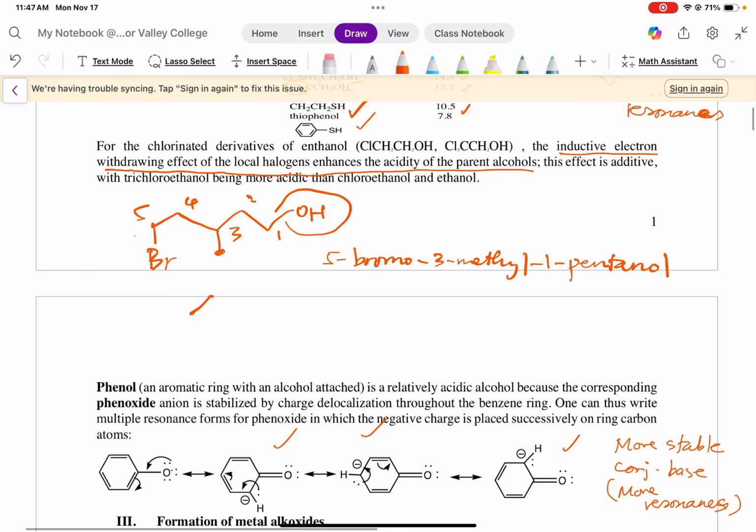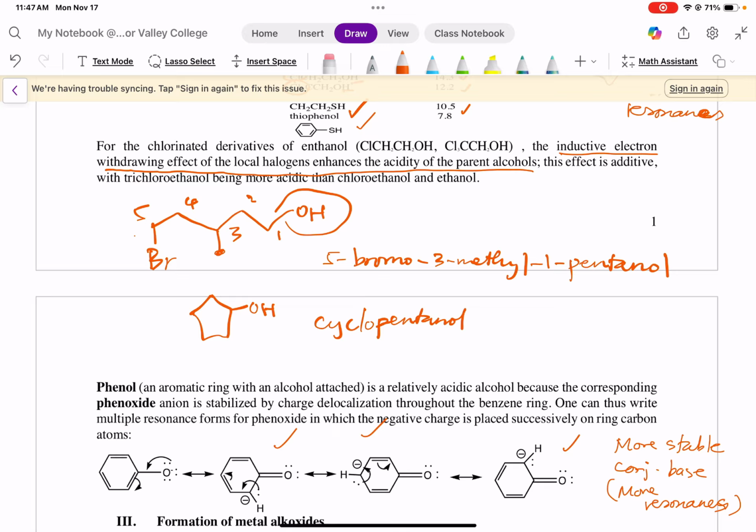If you have a pentanol like this, it's cyclic, so you don't have to number it unless you have a branch.